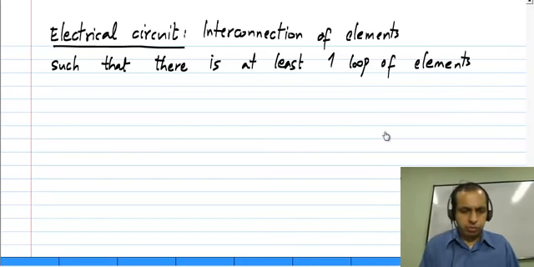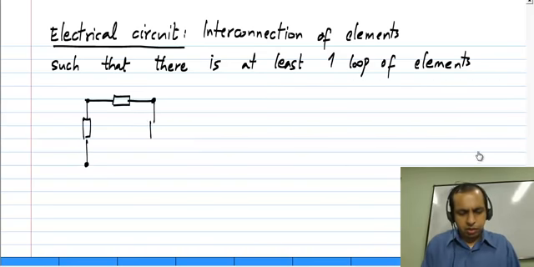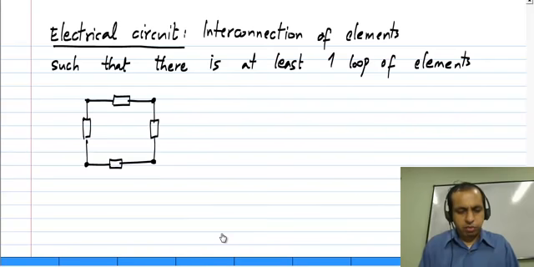I'll show this with examples of two terminal elements. So, we can have some components. Let's not worry about what these components are at the moment. So, we can have a number of components connected here. A loop is something where you start from a node and you trace the elements, and somehow you can go through many elements and come back to the same node.